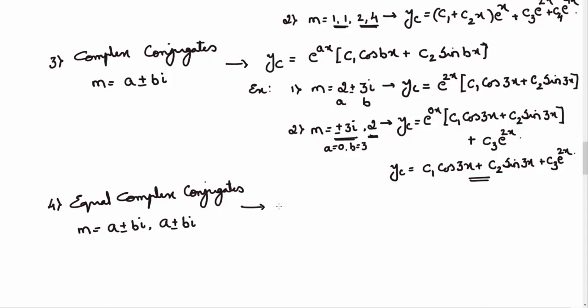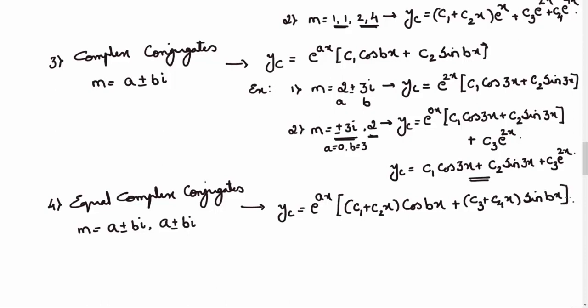We'll be writing yc as e to the power ax into c1 plus c2x into cos bx, plus, as two constants are over, for the remaining two constants, as we are having four roots, that is c3 plus c4x into sin bx. So this will be the value of yc.